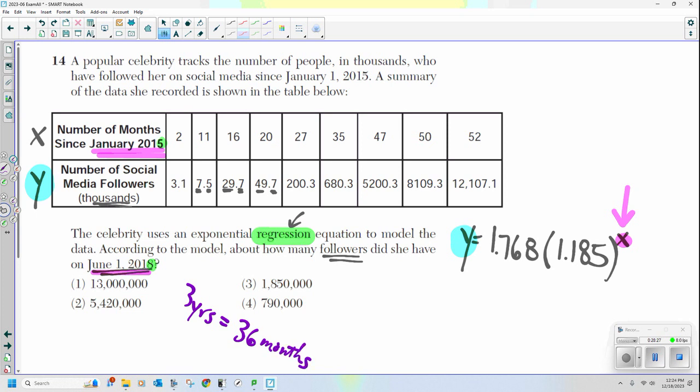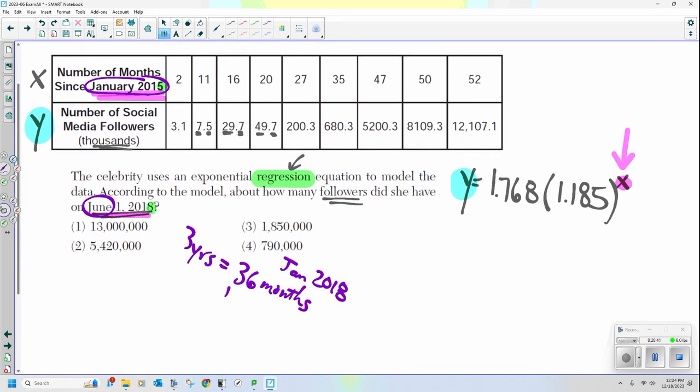That brings me to January of 2018. We still need to get to June of 2018. June is 5 months after, so I need to add another 5 months. That's 41 months to get to June of 2018.